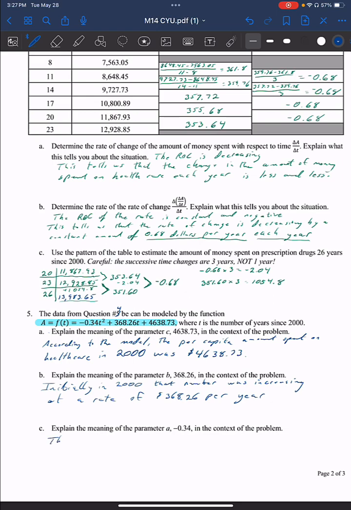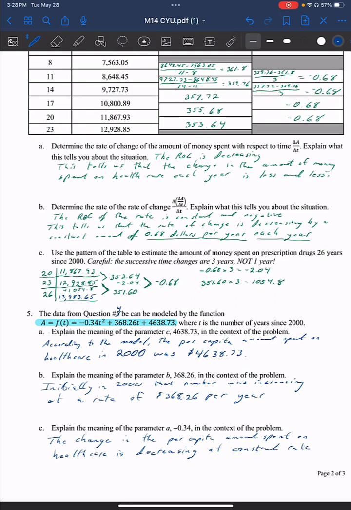So I would say the change in the per capita spending, or the change in the per capita amount spent on healthcare, is decreasing at a constant rate.